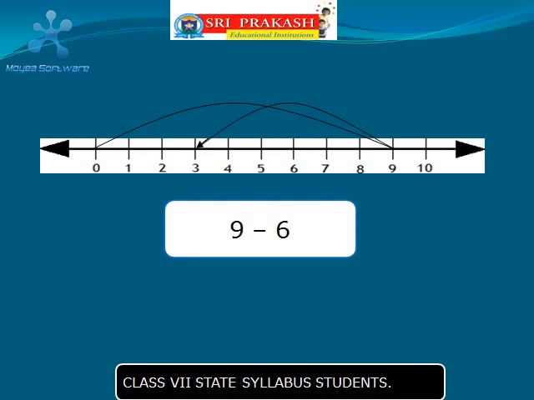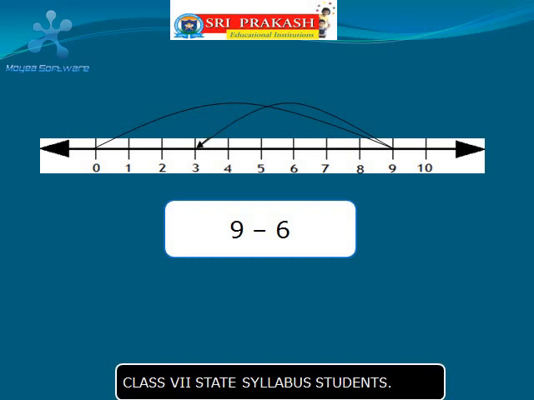Let us find the value of 9 minus 6 with the help of number line. The first number is 9. So from 0, let us move towards right hand side by 9 units. We reach at 9. The second number is minus 6.